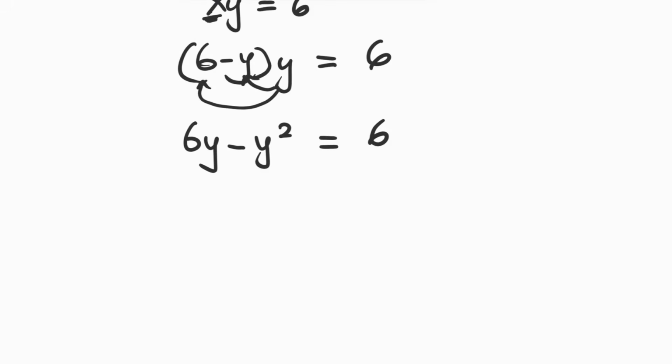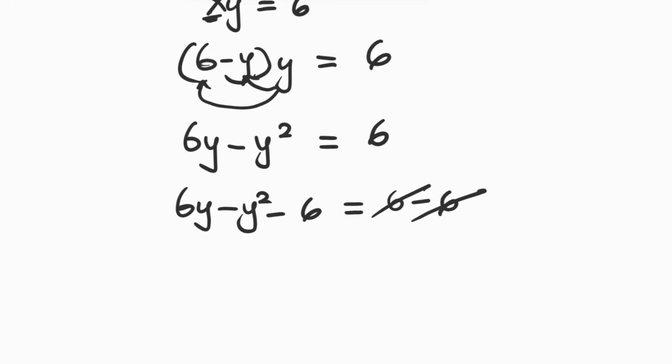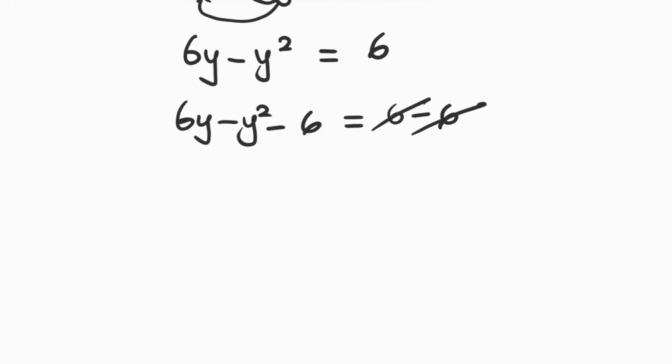If we subtract 6 from both sides, we have 6y minus y squared minus 6 equals 6 minus 6, and that will cancel out, and so we have 0 on that side. So we have minus y squared plus 6y minus 6 equals 0.